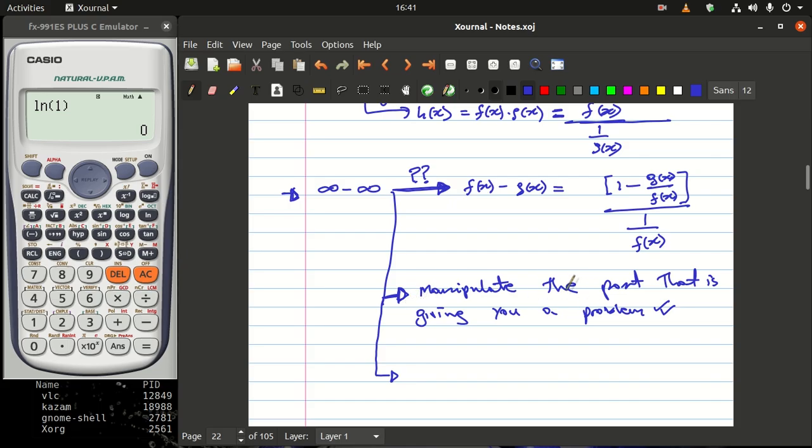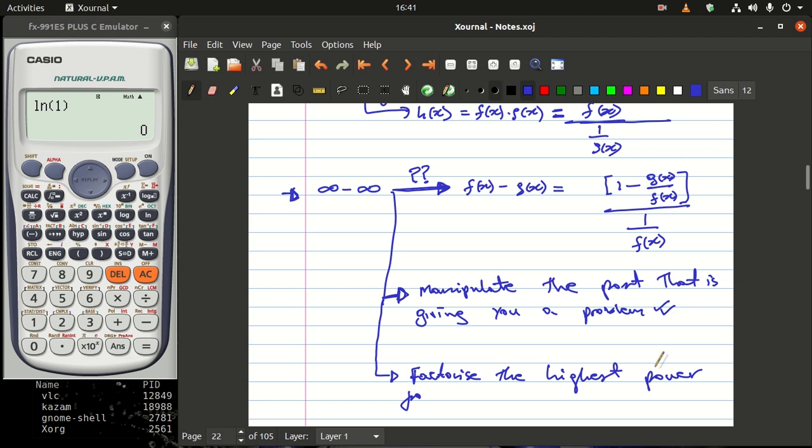So this one is not specific, but what is specific is when you are dealing with polynomials or rational functions, and sometimes algebraic expressions, all you need to do is factorize the highest power.